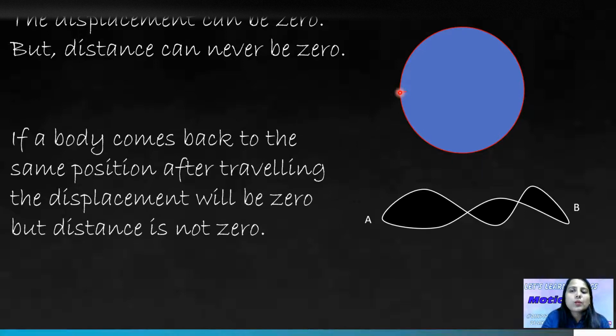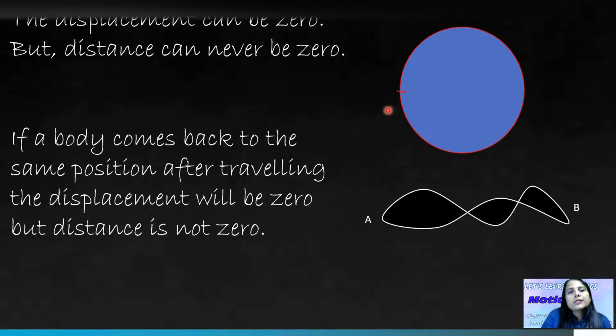Displacement will be 0 because the person, if he starts walking along a circular path, will reach the same point again after some time. Now, since the journey began from one point and reached the same point, that's why it is taken as 0 displacement.